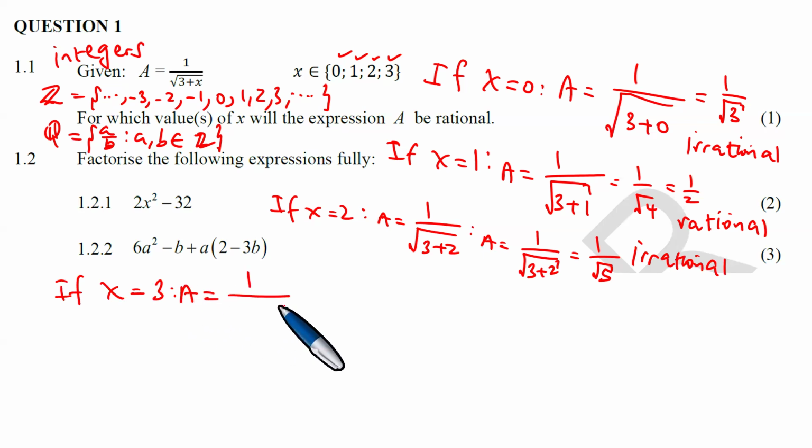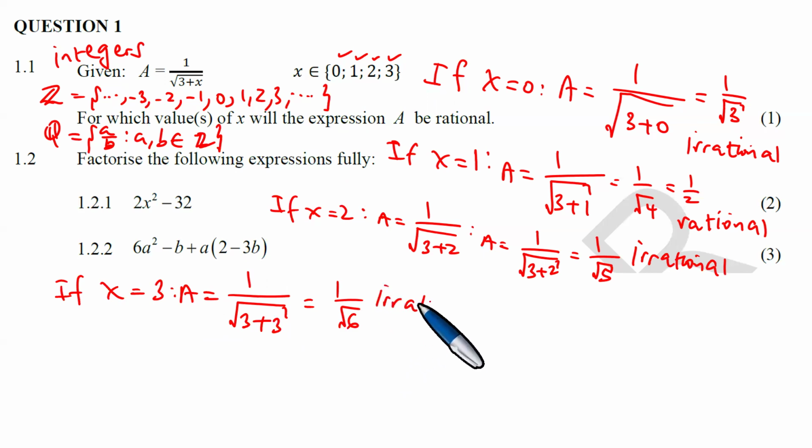We experiment with this one here. X is 3 here. What is 3 plus 3? 6. And the square root of 6 itself, you go to your calculator, it is irrational.